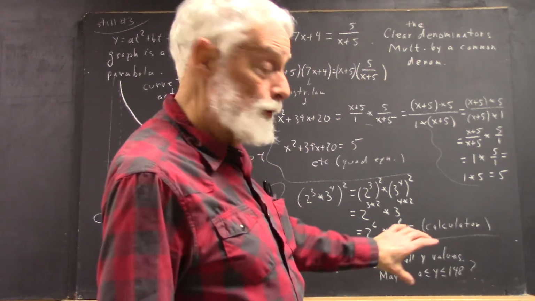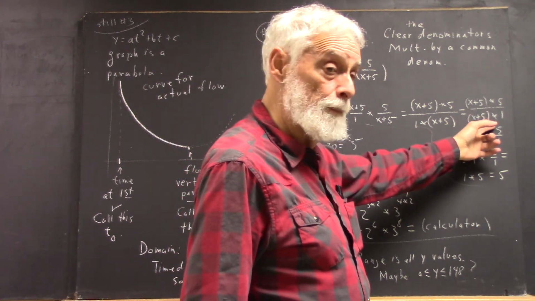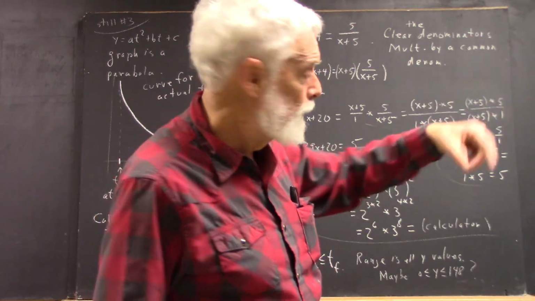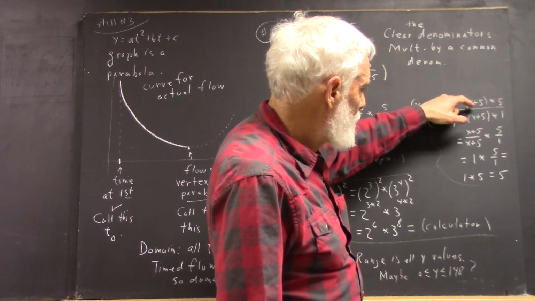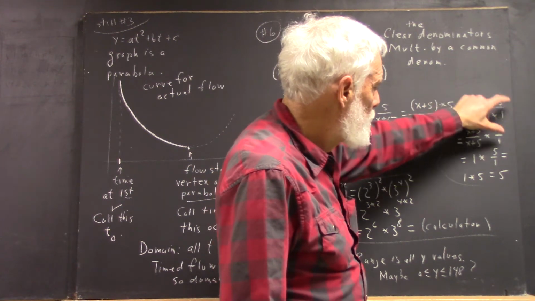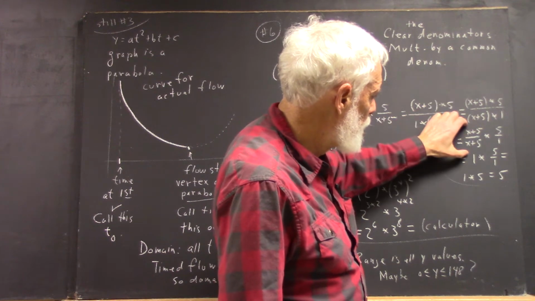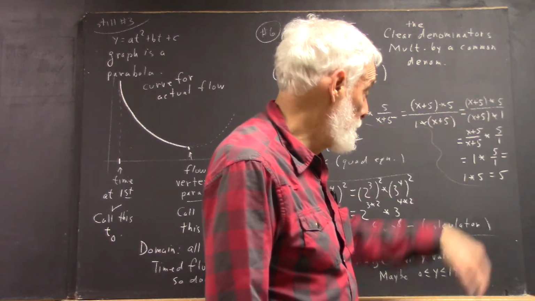Now, I rearrange this just by reversing the order of the 1 and the x plus 5, and when I do that, and it's not absolutely necessary to do that, but this shows clearly that I could write this product back as a product of two fractions, the first fraction being x plus 5 over x plus 5, the second being 5 over 1.